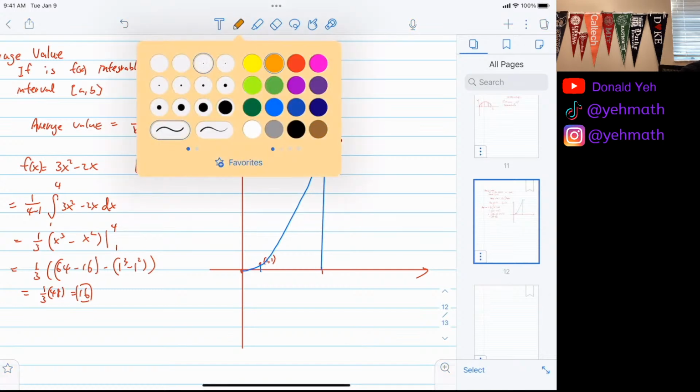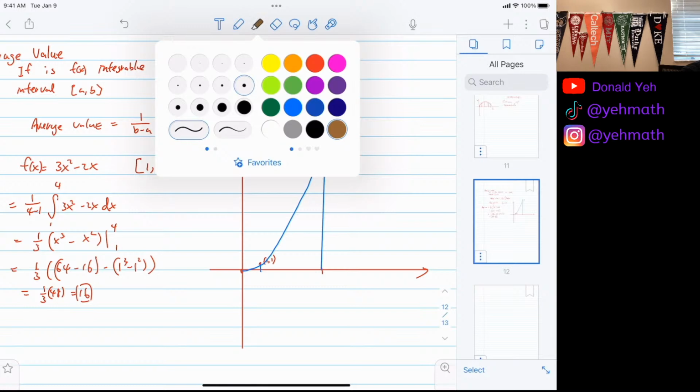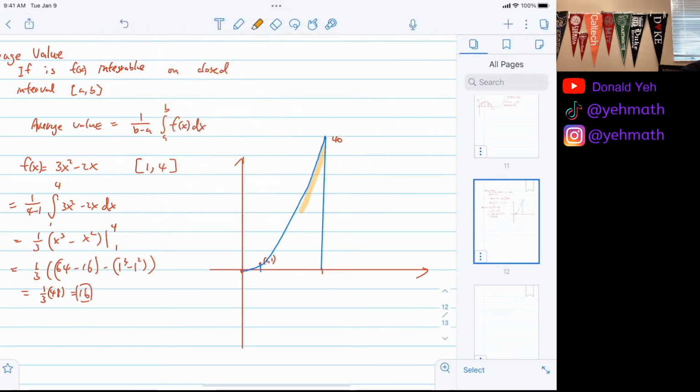And I'm going to mark this area with orange, basically here. Now, for you guys to understand a little bit of math, what is 16 related to this area?